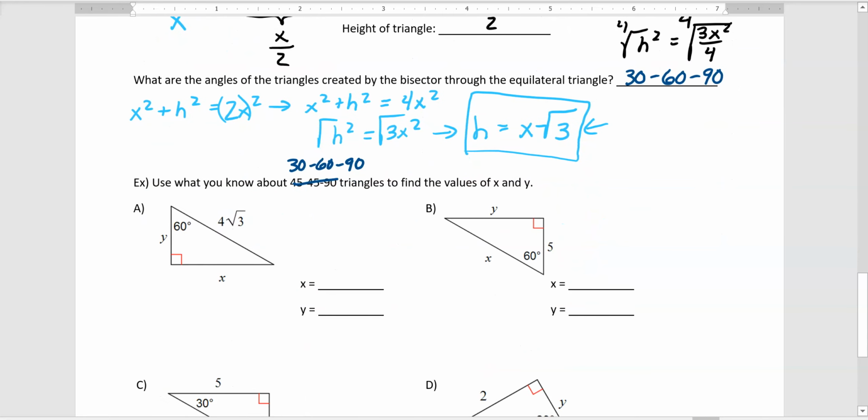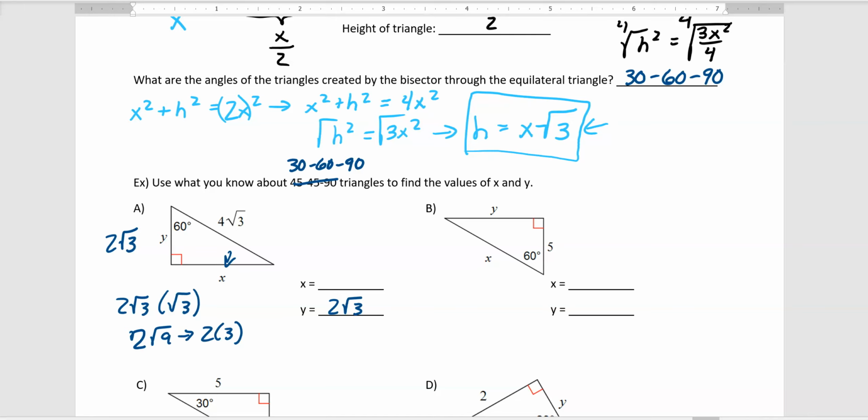So half of 4 root 3 would be 2 root 3. And then to find the middle side, we multiply the short side, 2 root 3, times the square root of 3. So that would be 2 times the square root of 9, which would just become 2 times 3, which is, of course, 6. So that side length would be 6.